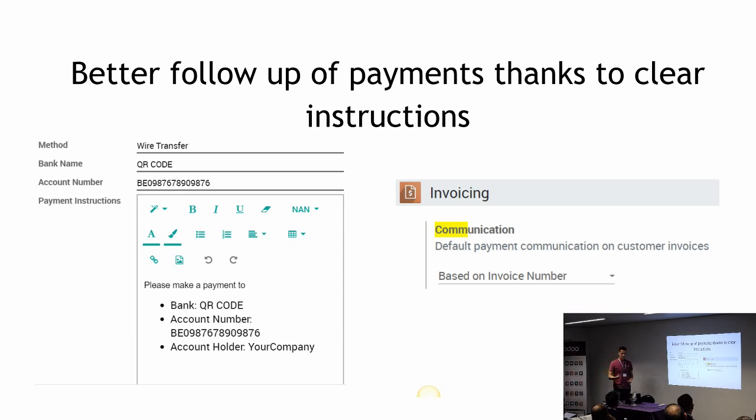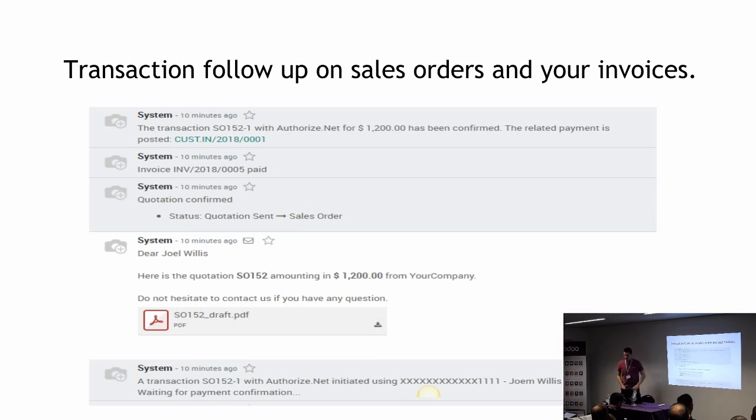You will be able to configure a clear communication for your customer, so that he knows everything on his invoice, and you can do it a bit more automatically with the automatic invoice communication. This is a completely new wizard that we installed, and you can even add some additional references if it's needed in your business.